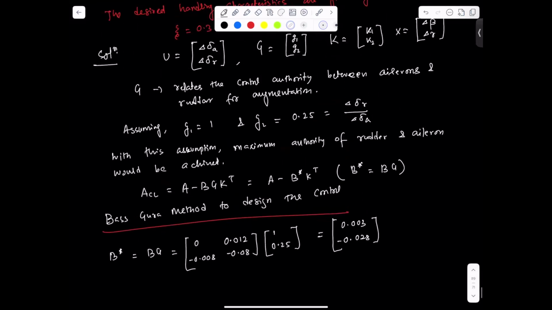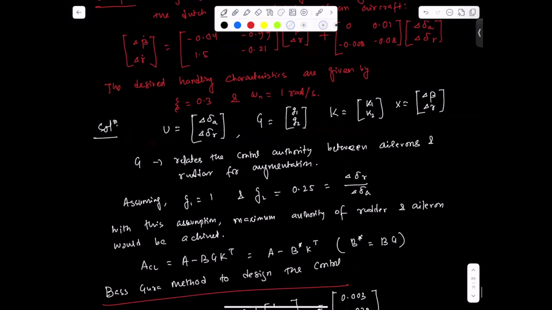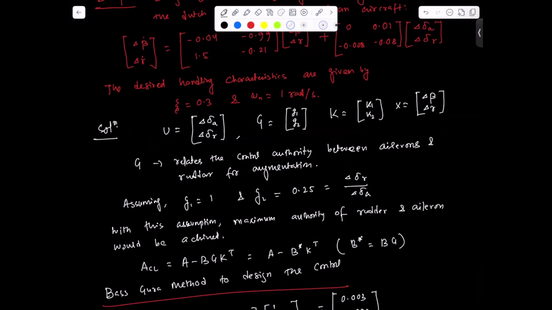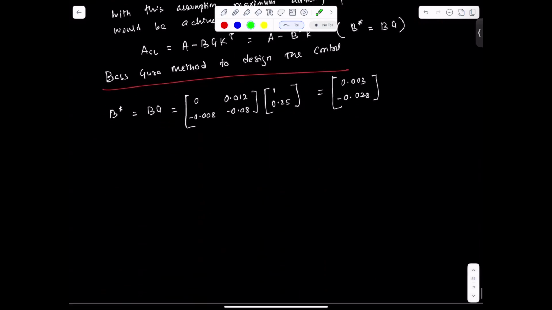And also we are given the desired dynamics. So zeta, the damping, is 0.3, and natural frequency is 1 radian per second. From these values, we can find the desired characteristic equation: s squared plus 2 zeta omega n s plus omega n squared equal to 0.